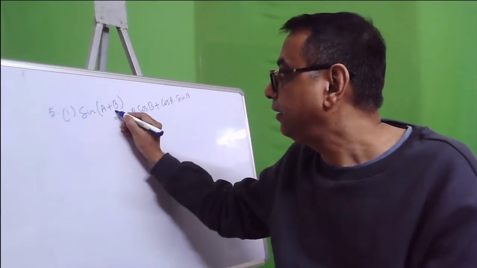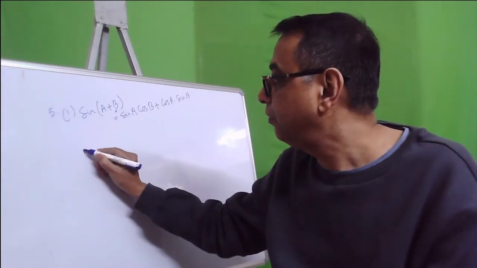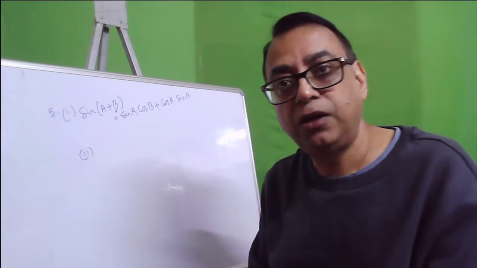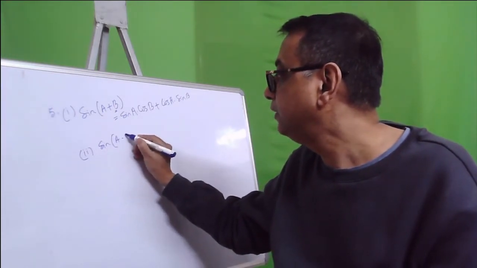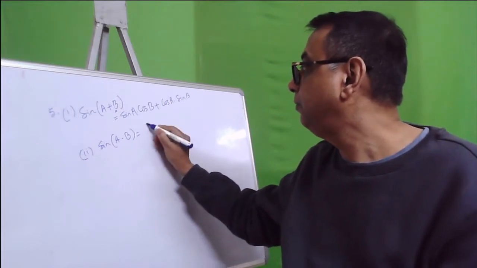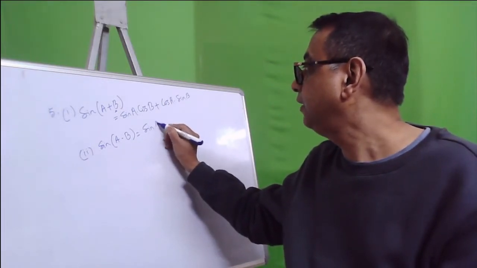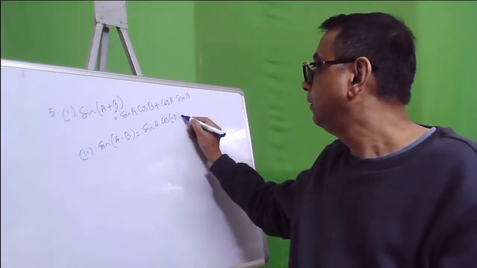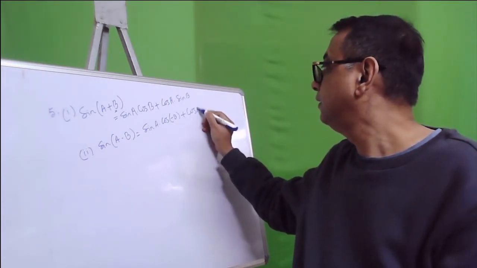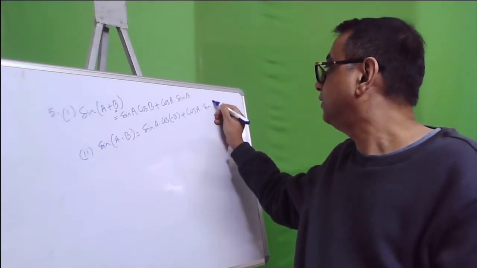Now again, instead of B we will put B equal to −B. So it will become sin(A−B), which will be equal to sin A cos(−B) plus cos A sin(−B).